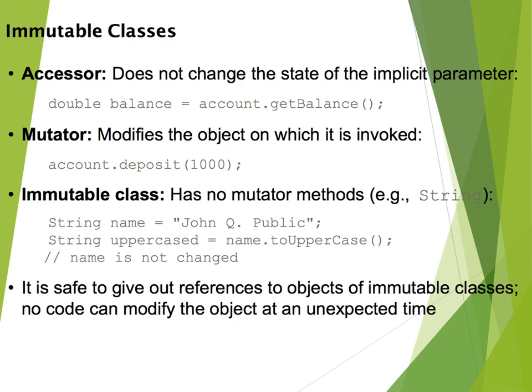So this slide introduces accessor and mutator methods in a class. Basically, your accessor methods are the methods in a class that don't change the state of an implicit parameter in that class.